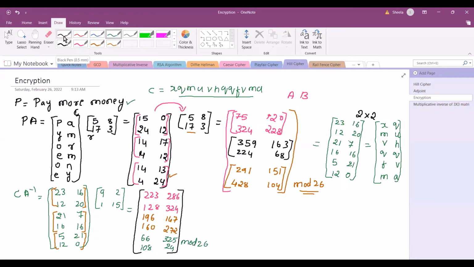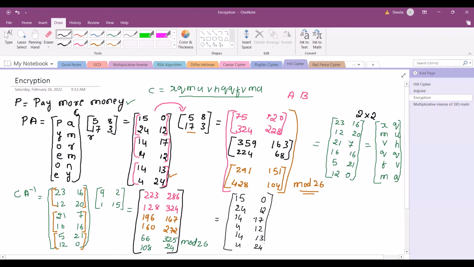Now when I take mod 26, what is the resulting matrix I am going to get? Here I am going to get the resulting matrix as 15, 0, 24, 12, 14, 17, and 4, 12, 14, 13, 4, and 24.